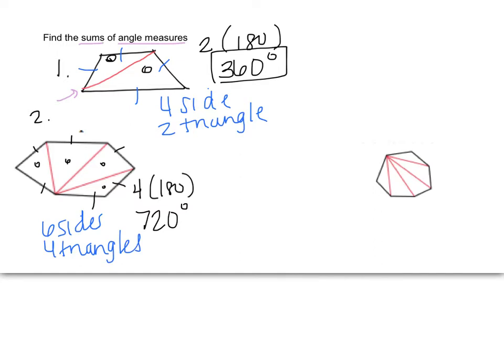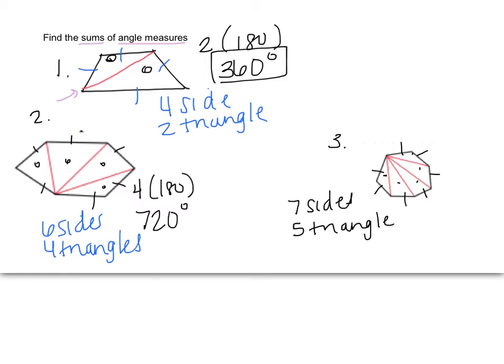Let's see if that holds true for this third example. This third example is a heptagon. It has 1, 2, 3, 4, 5, 6, 7 sides. How many triangles does it make? 1, 2, 3, 4, 5. 5 triangles.